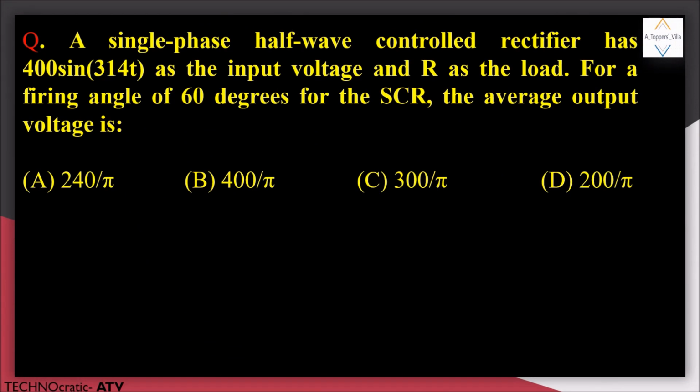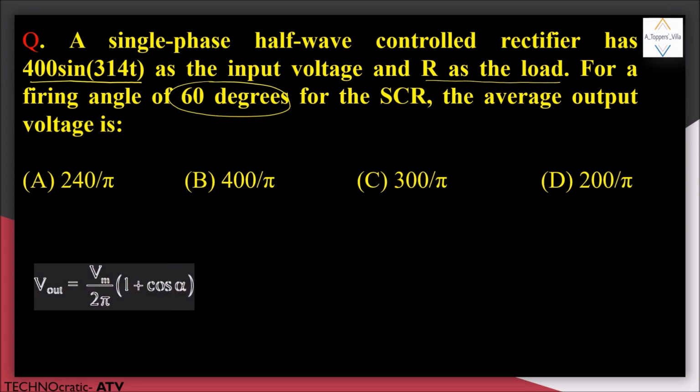A single phase half wave controlled rectifier has 400 sin 314t as the input voltage and R as the load. For a firing angle of 60 degrees for the SCR, the average output voltage is. So the average output voltage is given by using this formula, that is Vm upon 2 pi times 1 plus cos of firing angle, where Vm means 400.